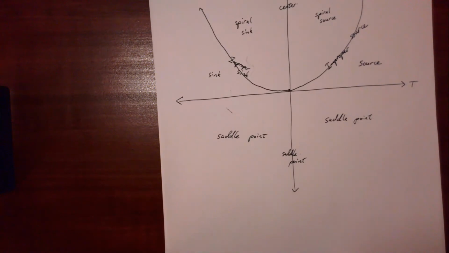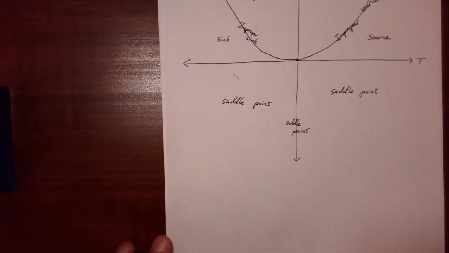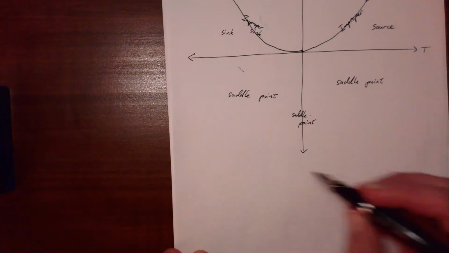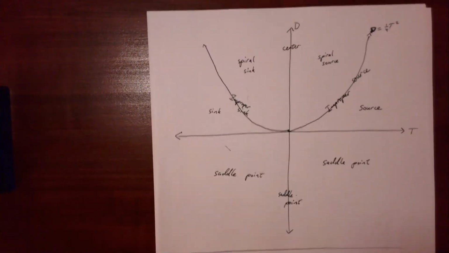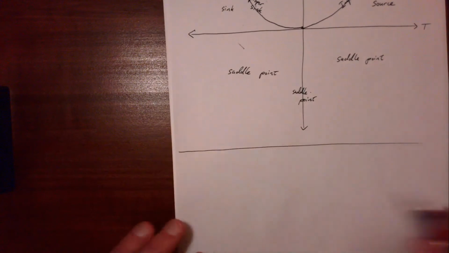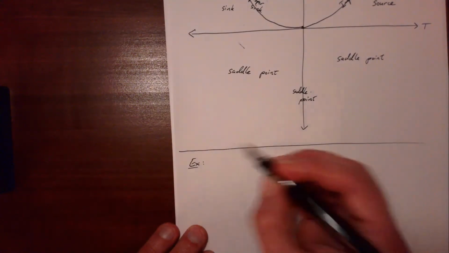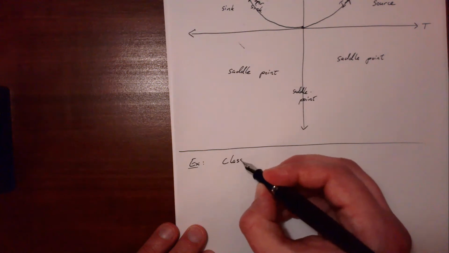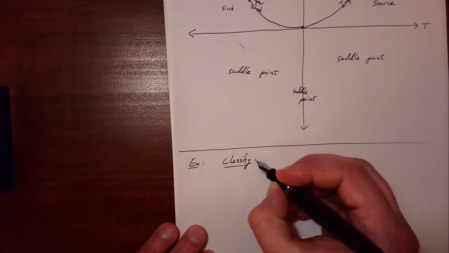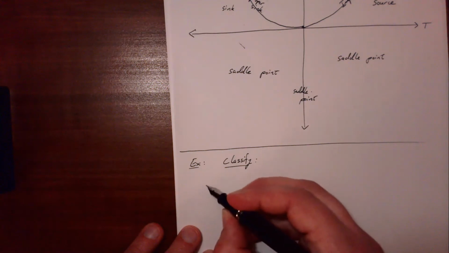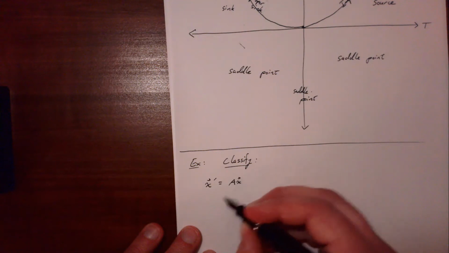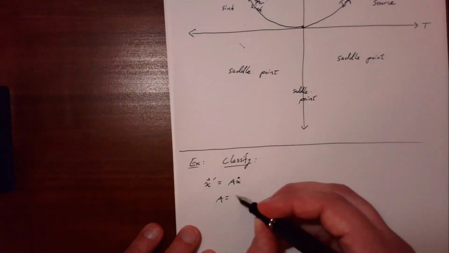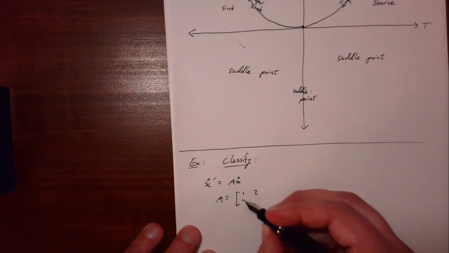And if you ever wanted to know what we would expect from a certain matrix, even just a randomly chosen matrix, we could just classify it according to this. Just as a very quick example, classify: let's say x prime equals Ax, where A equals just any old matrix 1, 2, 3, 4.